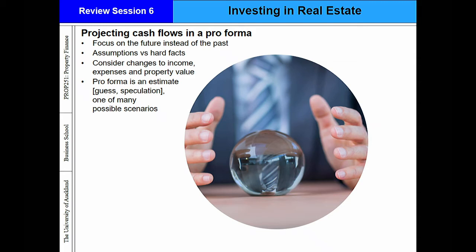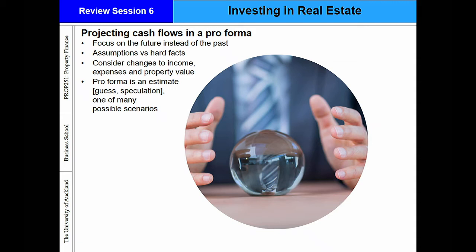And run several pro formas. Don't just create one pro forma, run your numbers and take that as the hard fact. Vary assumptions in your pro forma. What happens if my rental rate goes from $500 per square meter to $400?